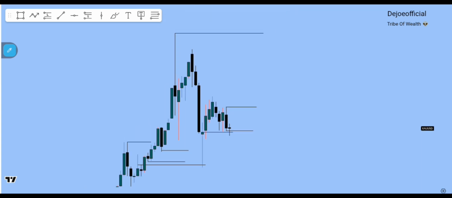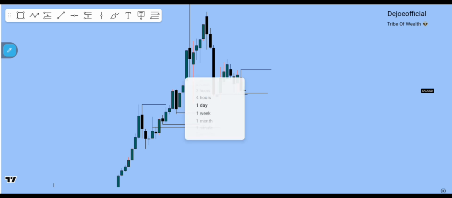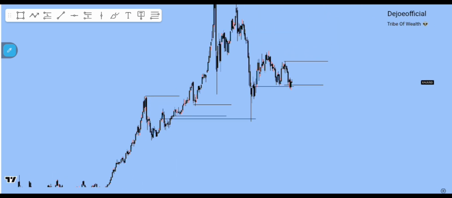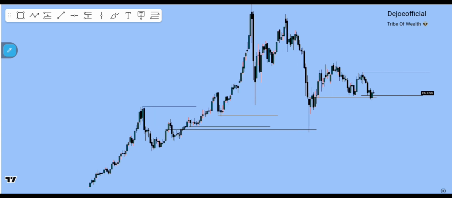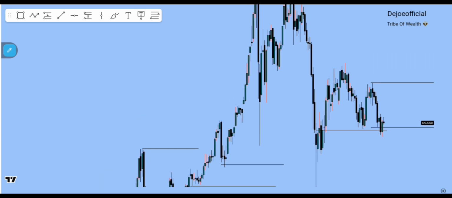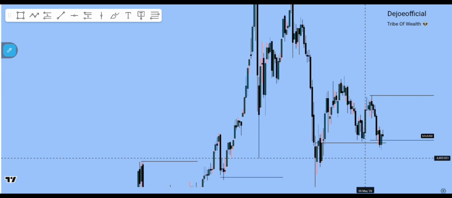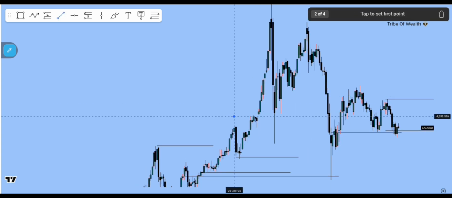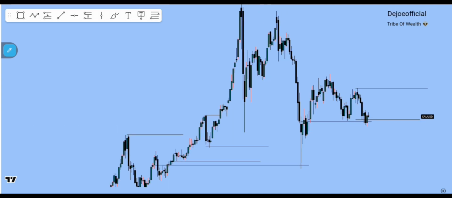So going down to the daily time frame. On the daily time frame, as you can see, this is my last break of structure, but price didn't actually take out the low, so I don't confirm it bearish for now.